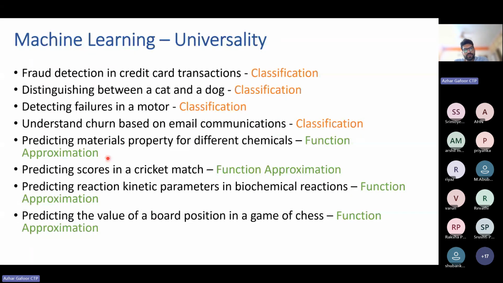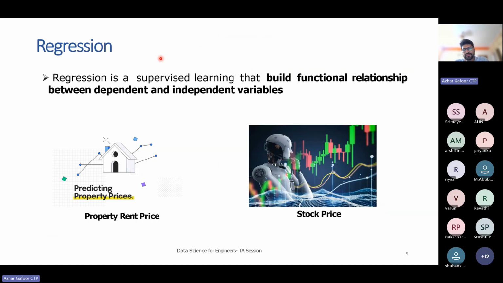Regression problems include predicting material properties, predicting scores in a cricket match, and the value of a board position in a chess game. So first, what is regression? Regression is a supervised learning method that builds a functional relationship between dependent and independent variables.